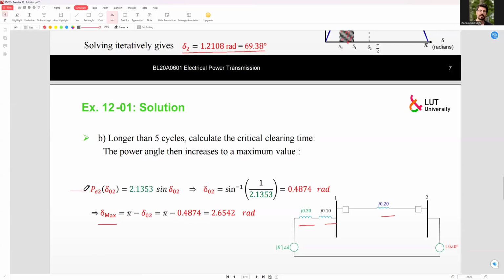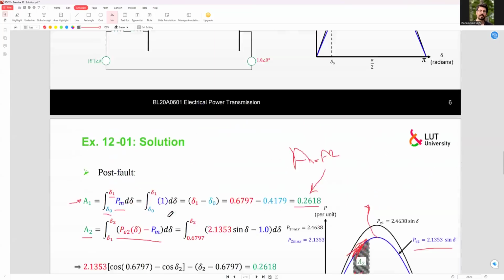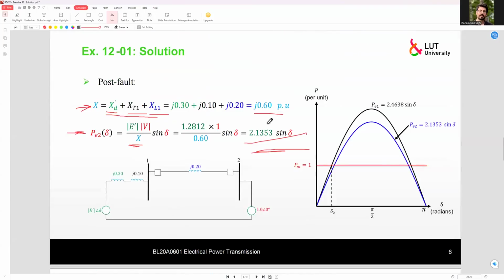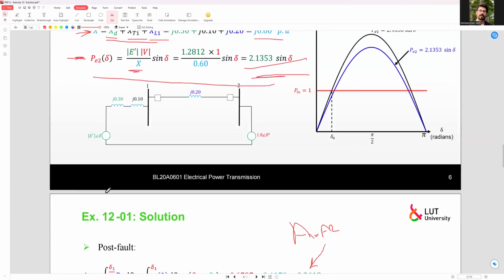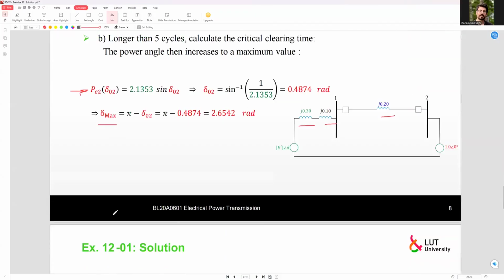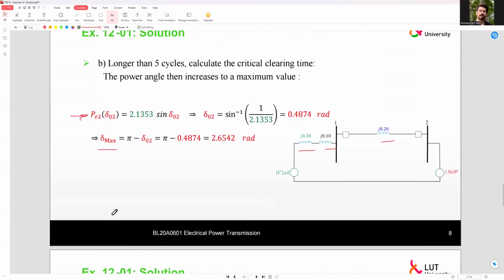So for that, after the fault clearance, we would have the steady state condition, and we would have this network, and then we have calculated before that our PE2 would be like this, right? So it's the same for us here.